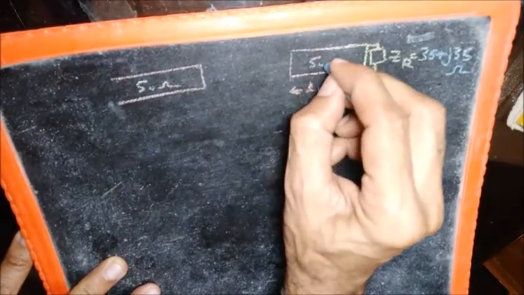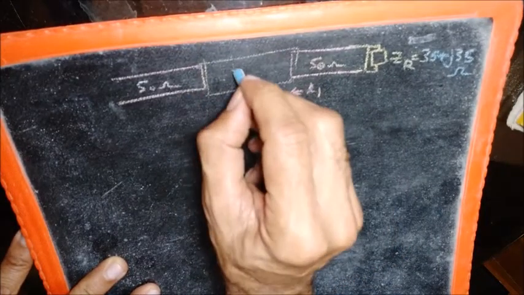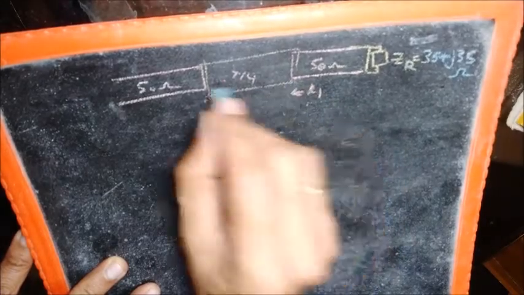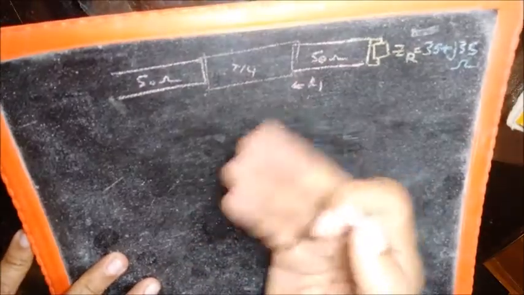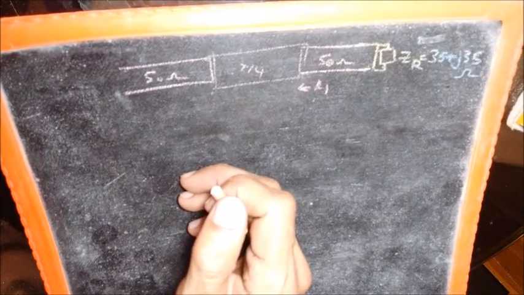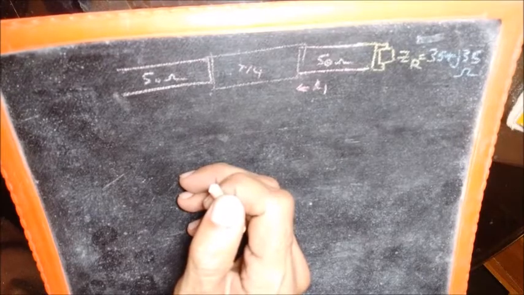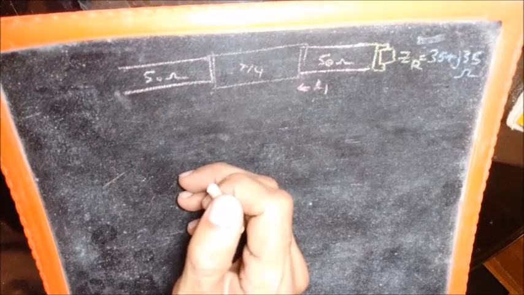We have to match the two using a lambda by 4 line and find its characteristic impedance. The problem boils down to this model. Now let us make an attempt to solve this problem using the Smith chart.